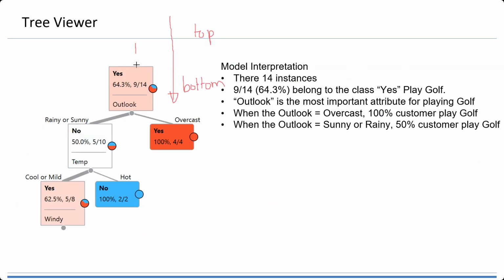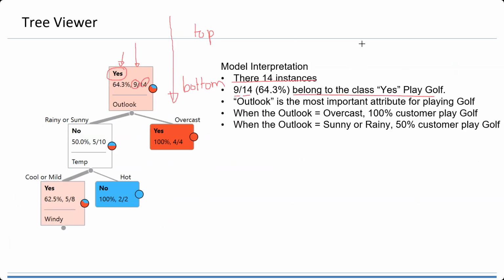The top here means there are 9 data which show yes among 14 data. So there are 14 instances, 14 rows, and 9 from 14 belong to the class yes, play ball.